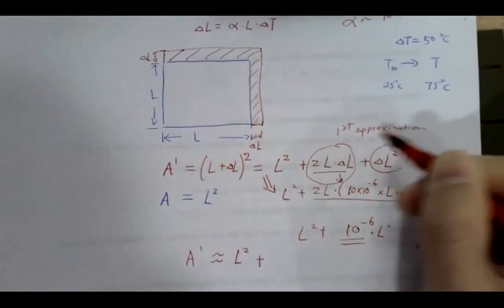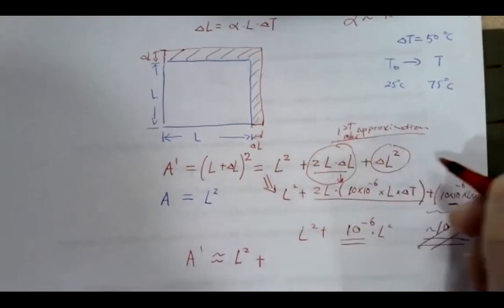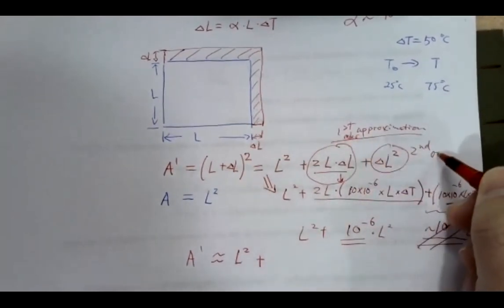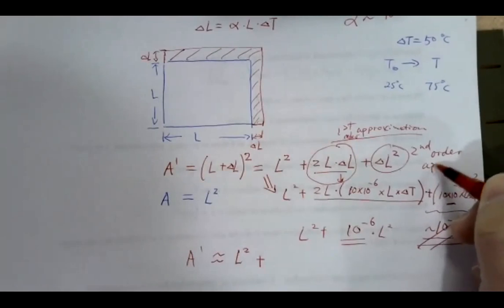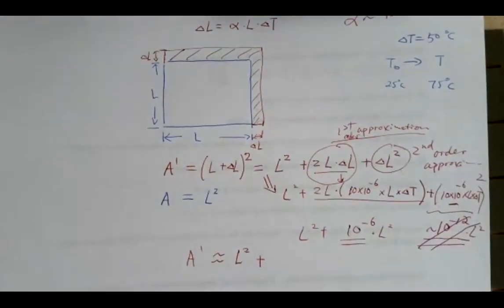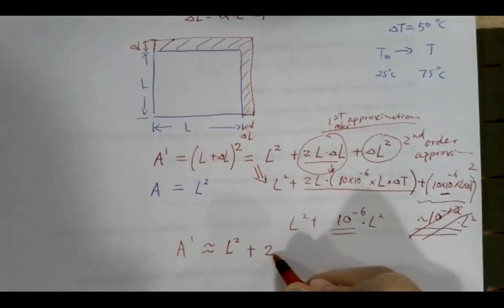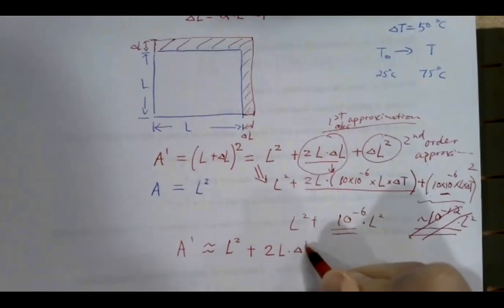In mathematics, this is called first order approximation, and this is called second order approximation. So you can ignore the second order or third orders if they are small enough. So this is approximately equal to L squared plus 2L times delta L.